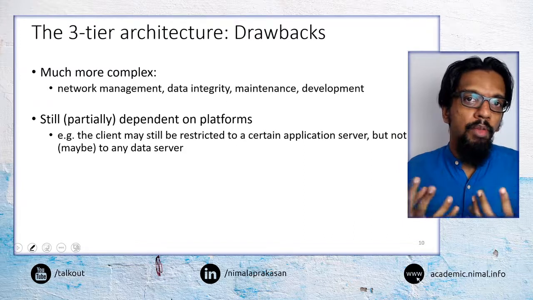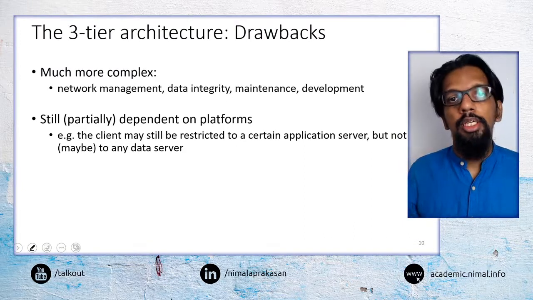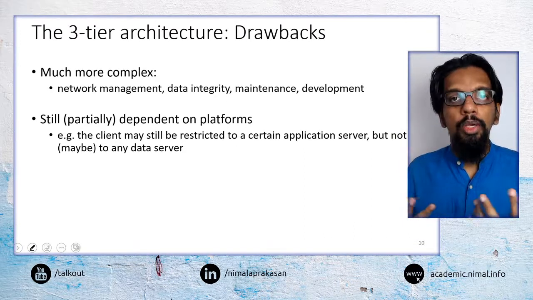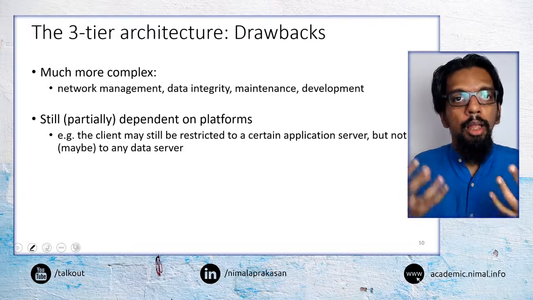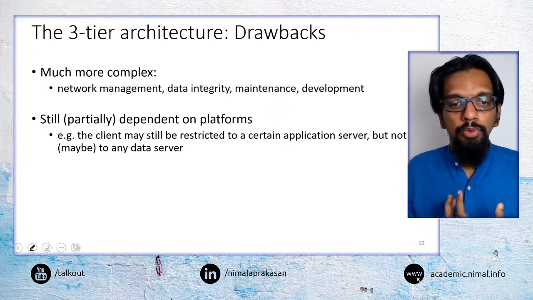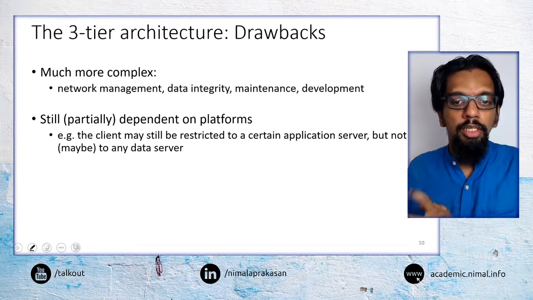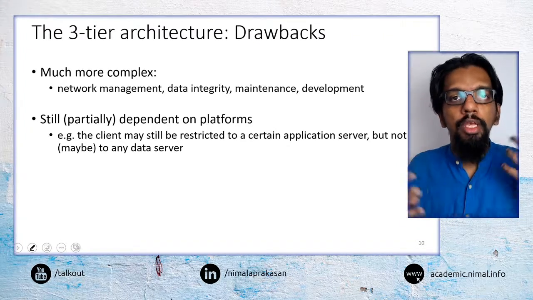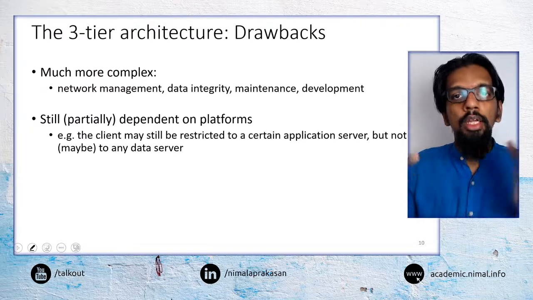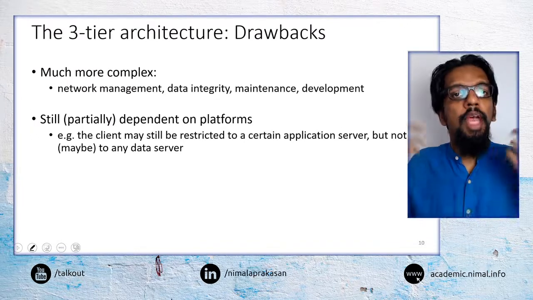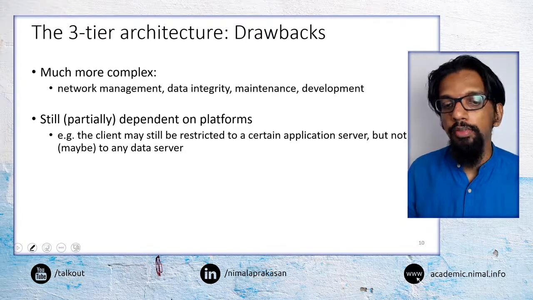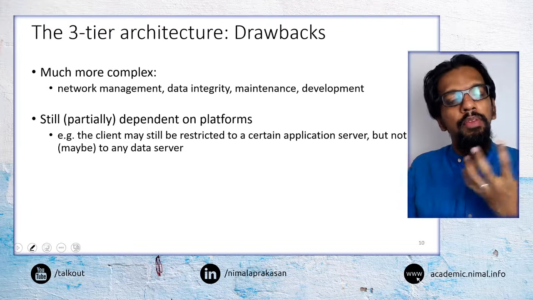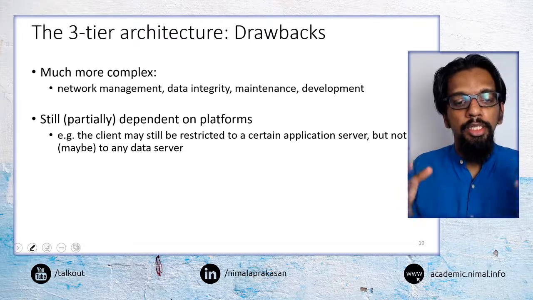But one of the main drawbacks of using three-tier architecture would be that it is going to be much more complex. Now we have to have much better ways of managing the network communication and the integrity of data. So there's going to be much more effort needed to establish this type of server, and maintain and continue to use it. And we will still have some level of dependency.